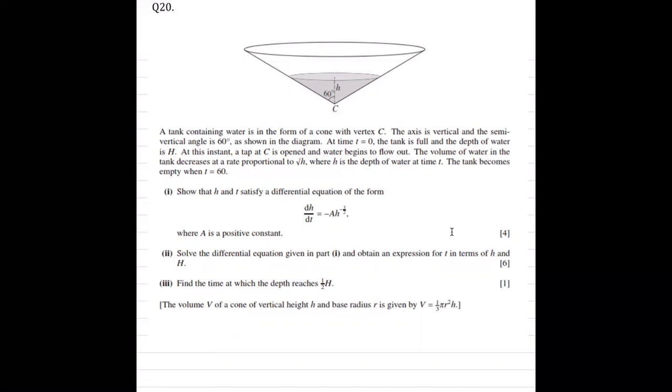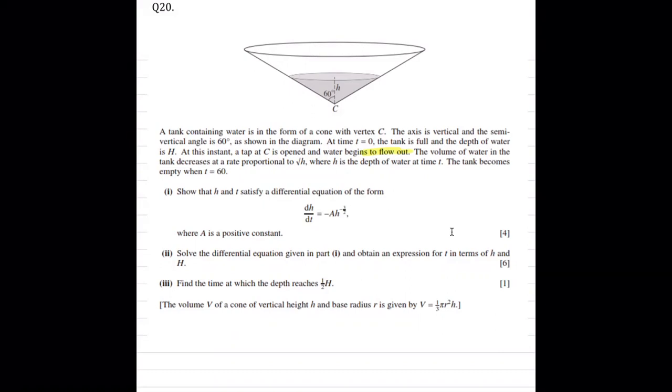At time t equals 0, the tank is full and the depth of the water is capital H. At this instant, a tap at C is opened and the water begins to flow out. So with respect to time, is the depth increasing or decreasing in this tank?